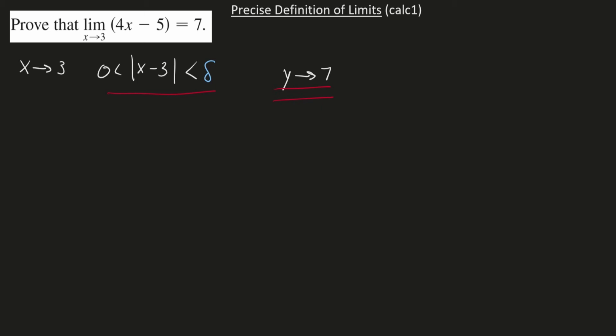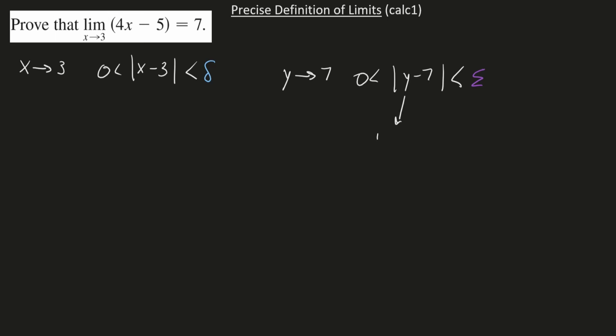We say that y minus 7 will be getting smaller and smaller and smaller. And this is the Greek symbol epsilon. And again, this also just represents the idea of a quantity just getting closer and closer to 0, smaller and smaller.